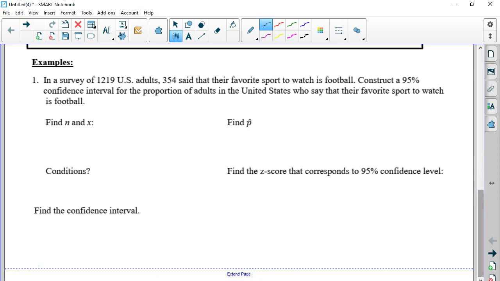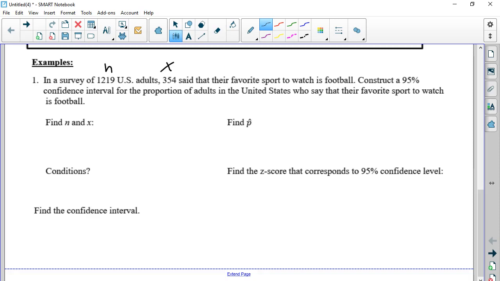Not that bad. In a survey of 1,219 U.S. adults, that's going to be our n, 354 said their favorite sport was football. In other words, 354 out of 1219. Think back to our quiz, 17 out of 20. 354 is the number of successes, those are the ones who said yes.